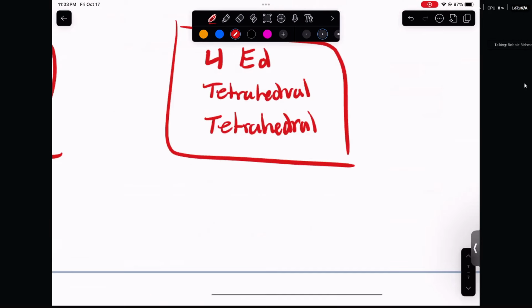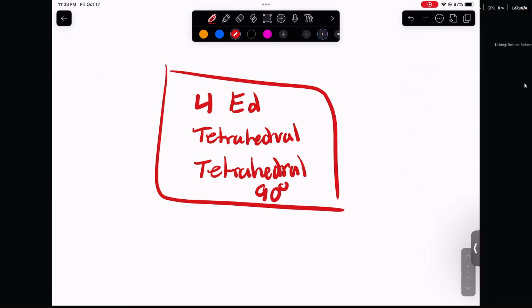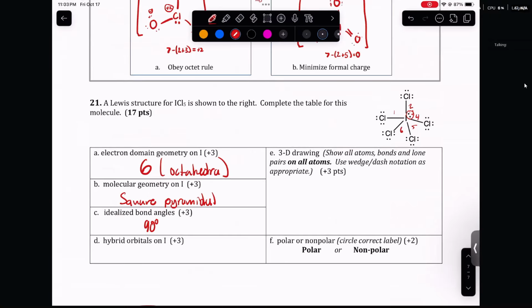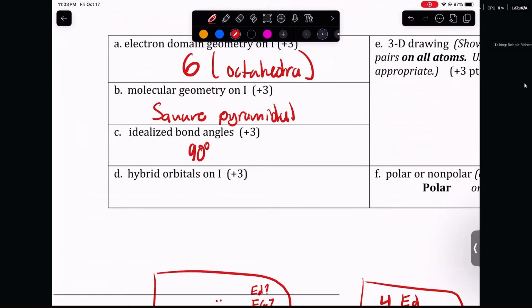That's also something I would throw on that flashcard. 90 degrees. And then hybrid orbitals, if you drew that little table I was referring to in the beginning of this video, another hint, hint, nudge, nudge, that is sp3d2.